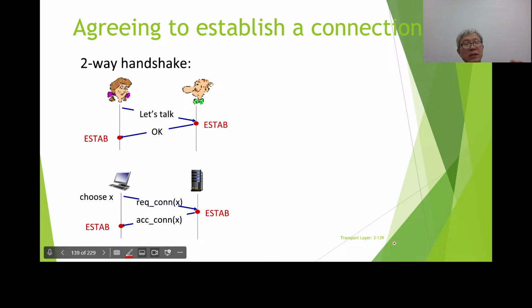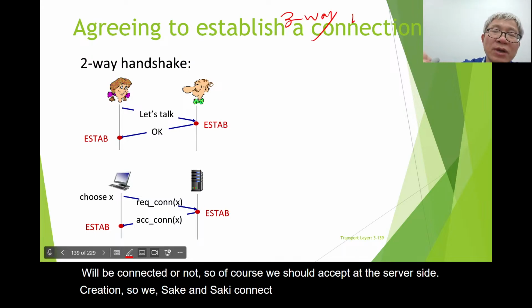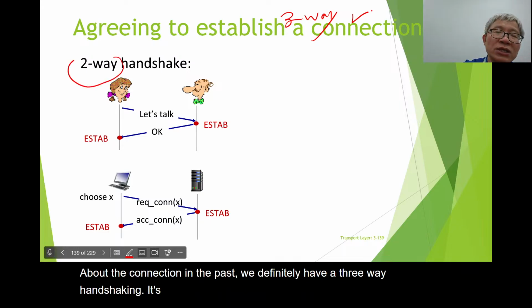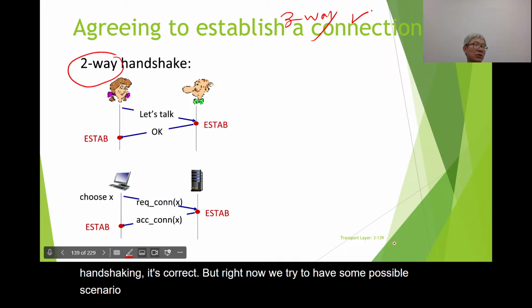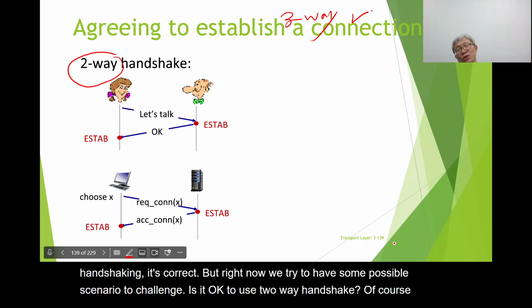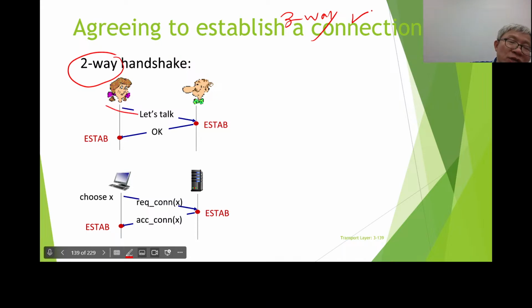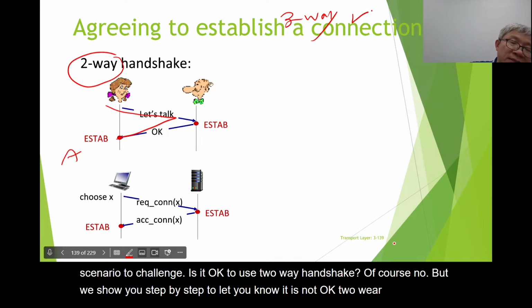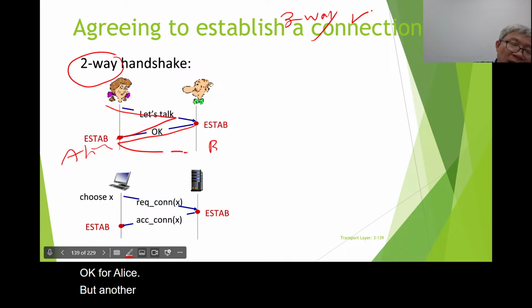Well, about the connection, in the past we had a 3-way handshake. That's correct. But right now we try some possible scenarios to challenge it. Is it okay to use a 2-way handshake? Of course not, but we show you step by step to let you know it is not okay. A 2-way handshake is okay for Alice, and another 2-way handshake is okay for Bob.